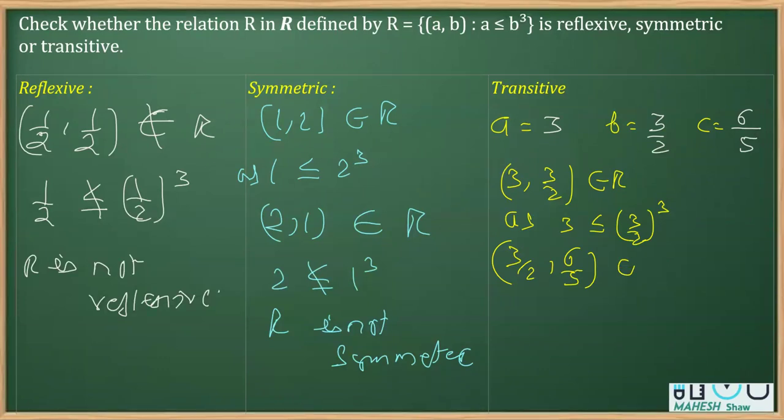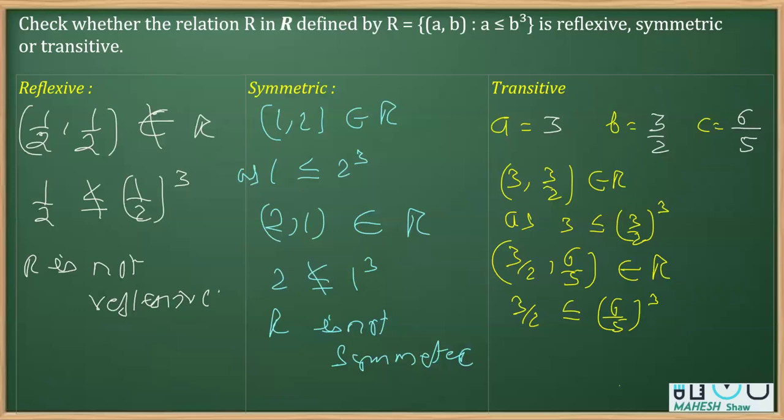This belongs to R, as 3/2 is less than or equal to (6/5) cubed. 6 cubed is 216, and when you divide it by 5 cubed, which is 125, we get exactly 1.728, which is greater than or equal to 3/2, which is 1.5.